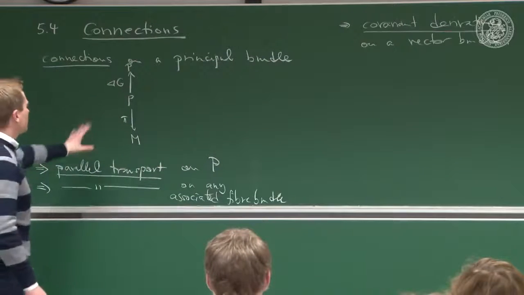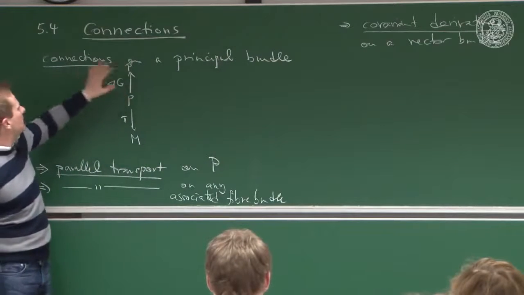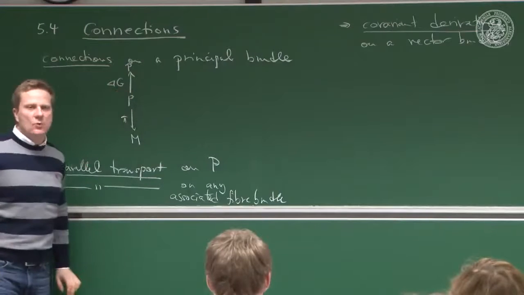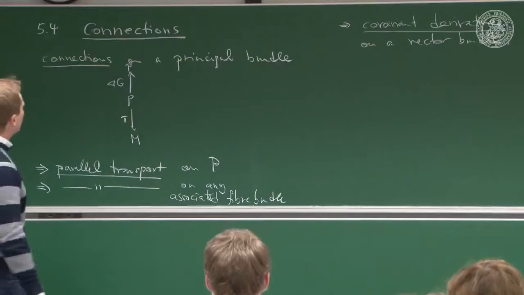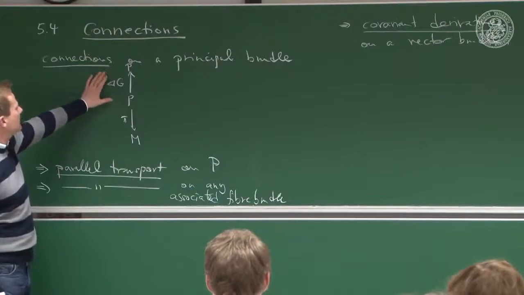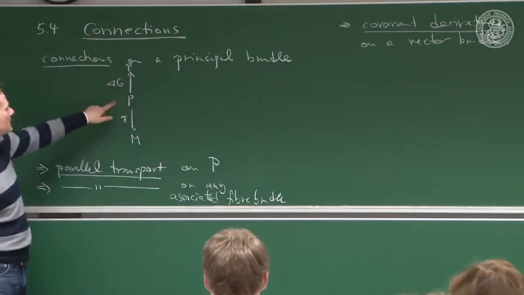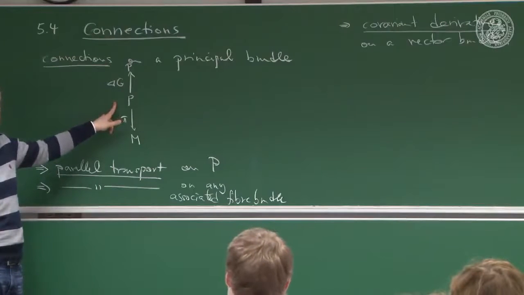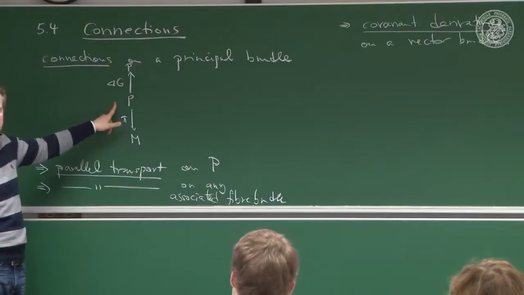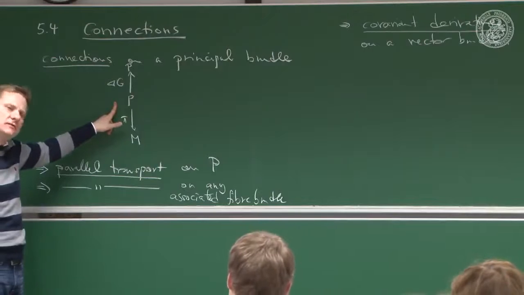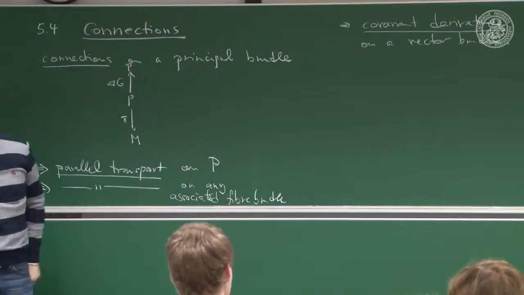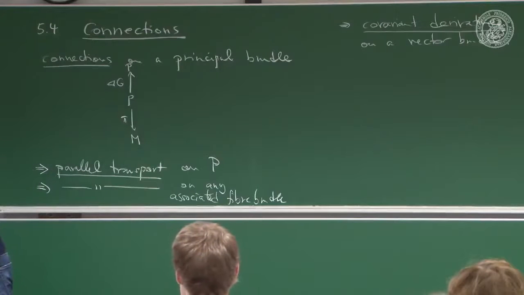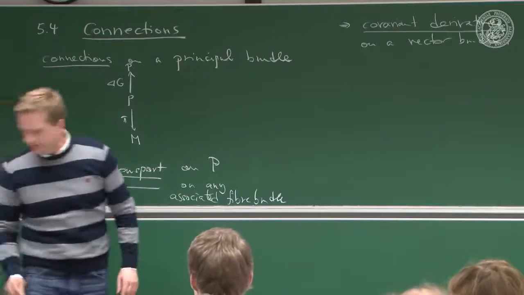But abstractly speaking, the connection is just a one form on the principal bundle. However, we're now going to start defining what a connection is, and we will not immediately define it in terms of a one form. We'll define it differently and only see that this is equivalent to choosing a one form with particular properties.